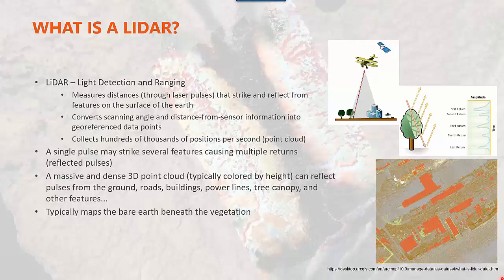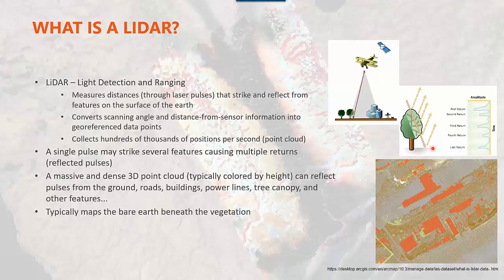A single pulse may strike several features, causing multiple returns, which are reflected pulses. For example, when the laser pulse hits the tree, the first reflectance comes from the top, then there may be additional reflectance from the side, and then finally reflection from the ground surface.